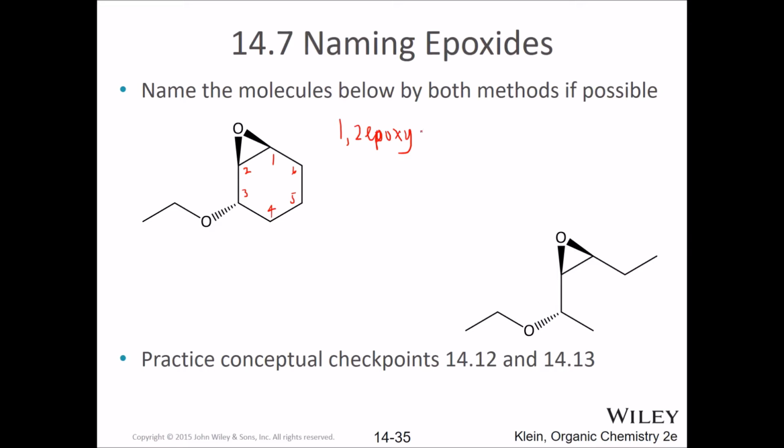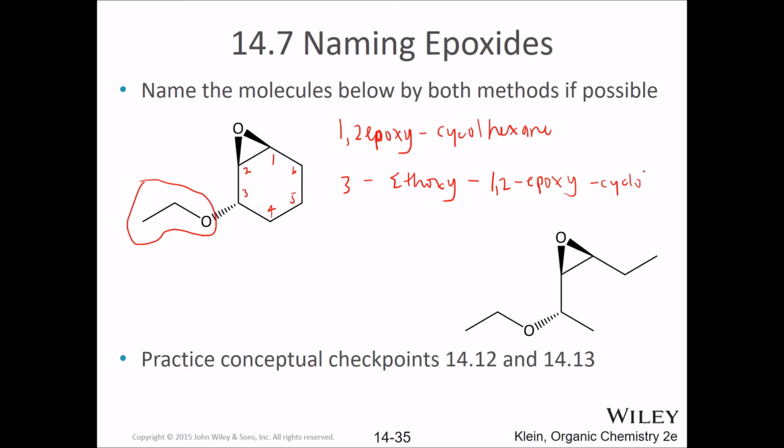So it's 1,2-epoxycyclohexane. And on the 3, you have, do you recognize this? Remember this? This was just from the beginning of this chapter. 3 what? 3-ethoxy. So it's 3-ethoxy-1,2-epoxycyclohexane.